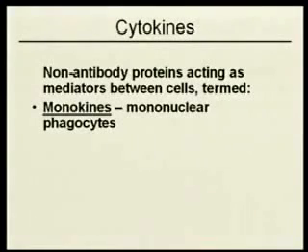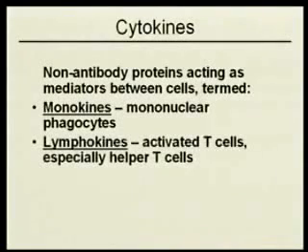If you divide cytokines into broad groups, monokines are substances produced by mononuclear phagocytes. Lymphokines are produced by activated T cells, and typically most of the lymphokines are produced by helper T cells.